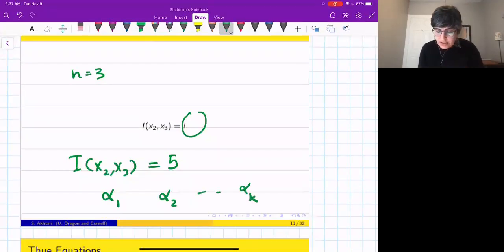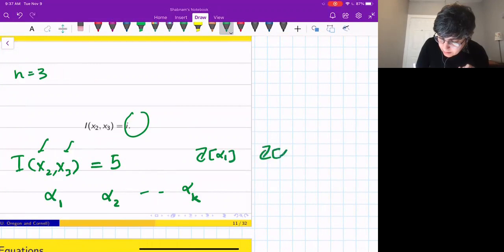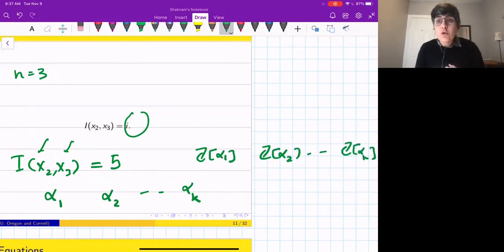If these were all the solutions that came from your x2, x3 for the value of i equal to 5, then you are making Z[alpha 1], Z[alpha 2], and so on, Z[alpha k]. All of them are going to be orders in your number fields, obviously, because they come from that integral basis. And all of them are going to have index 5 in O_K.